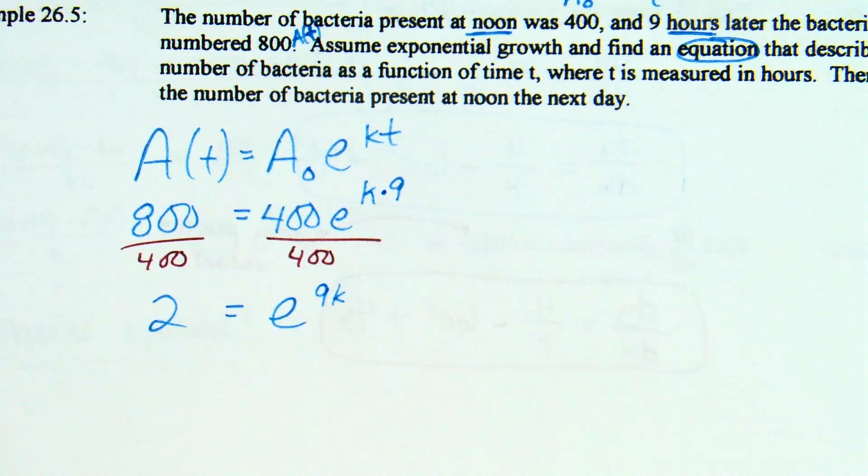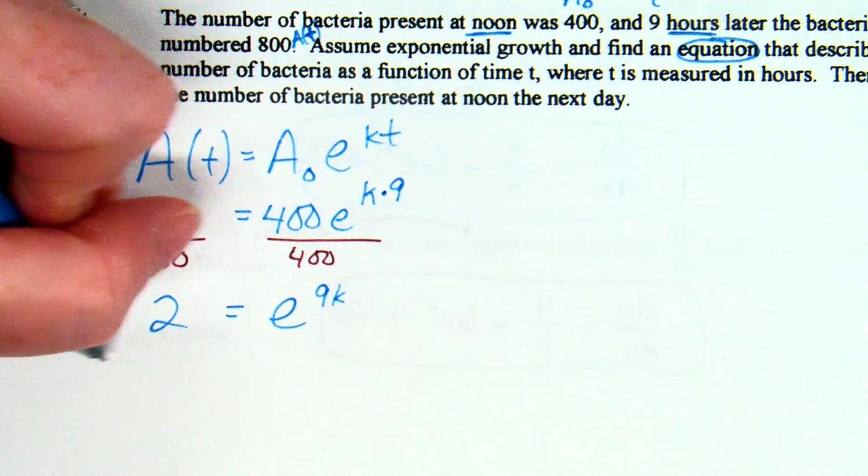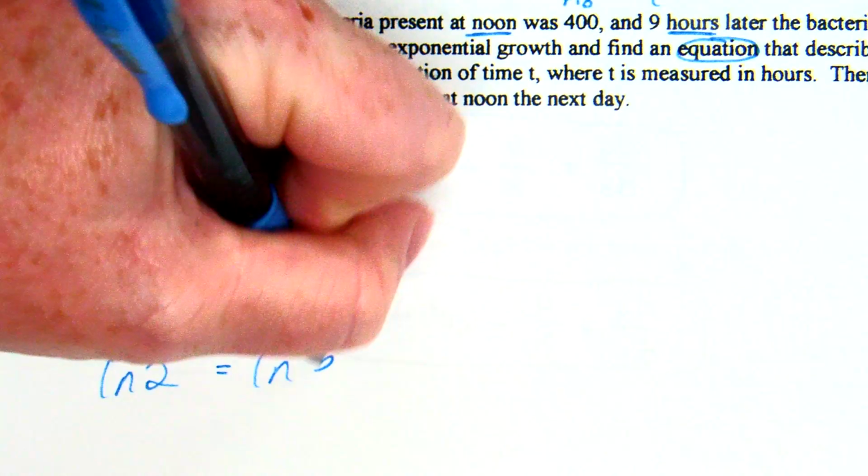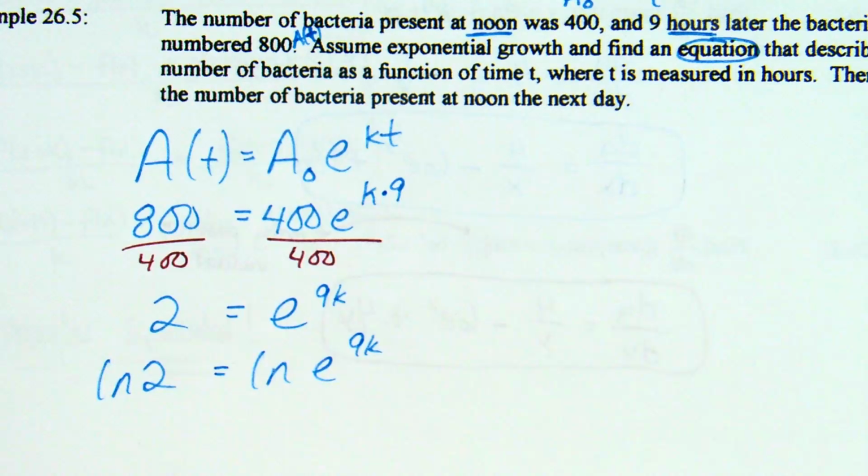Okay, so this comes back to our equation solving rules. How do we solve for K when it's in the exponent and we have a base of E? We take the natural log of both sides. So the natural log of 2, I'm going to write as the natural log of 2. Over here, for the moment, I'll write it as the natural log of E to the 9K. Do you remember how this works?